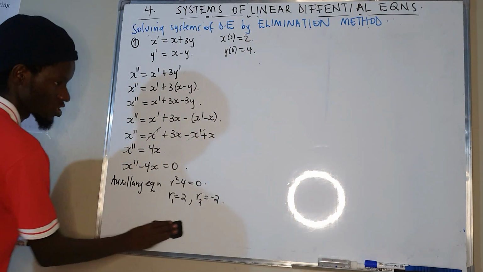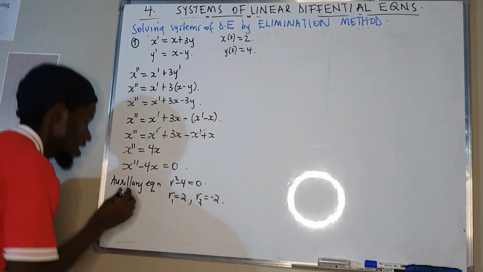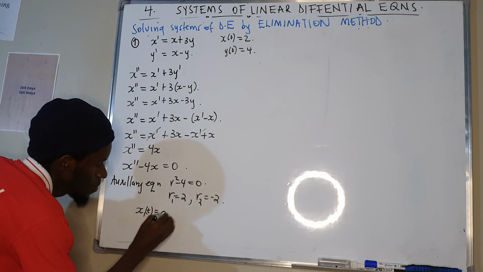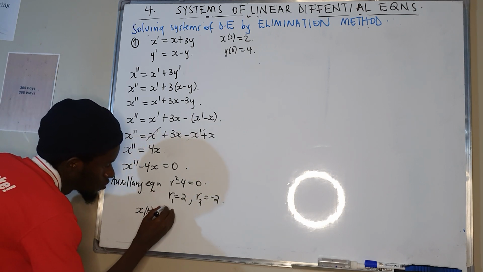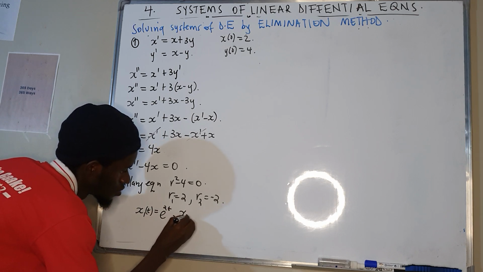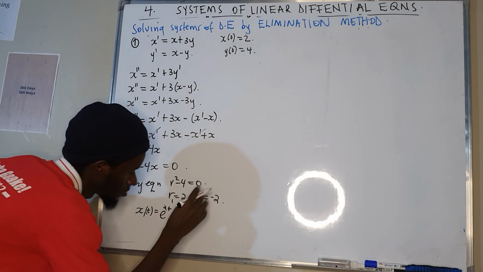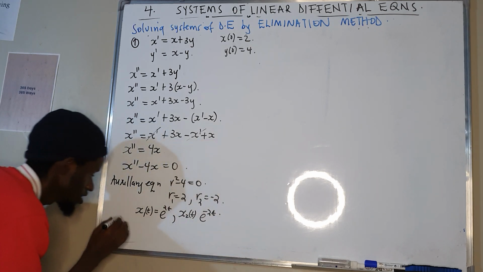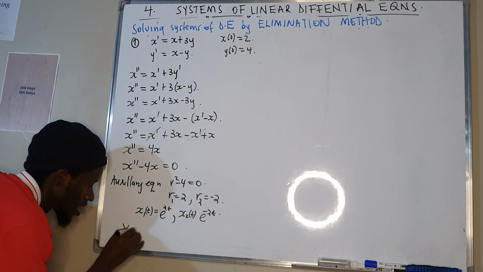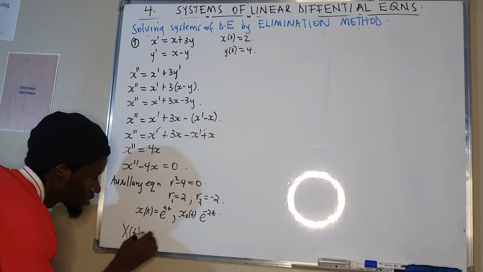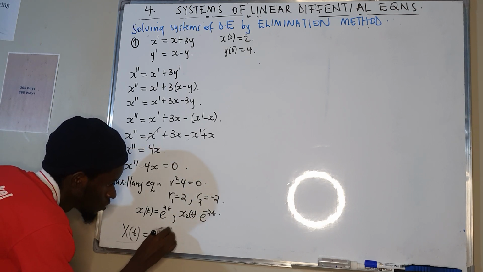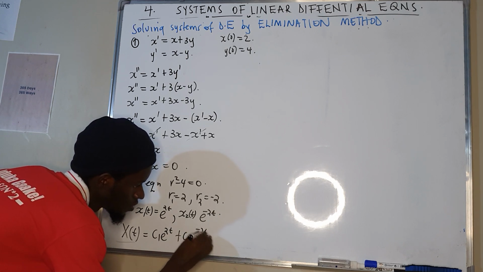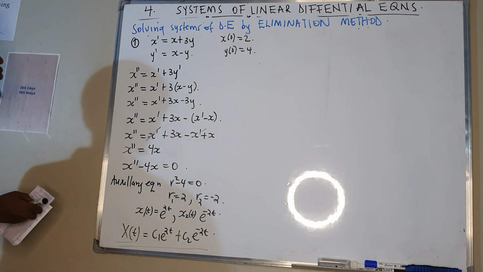My x1 at t is e power rt, that is e power 2t, then my x2 at t is e power negative 2t, and hence my x at t is c1 e power 2t plus c2 e power negative 2t as my solution in terms of x.